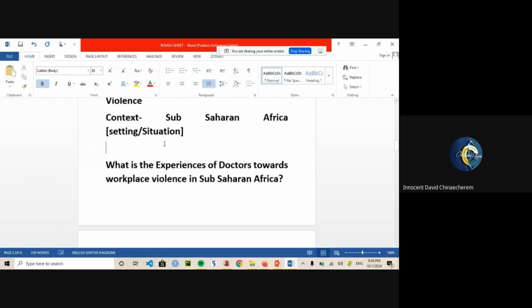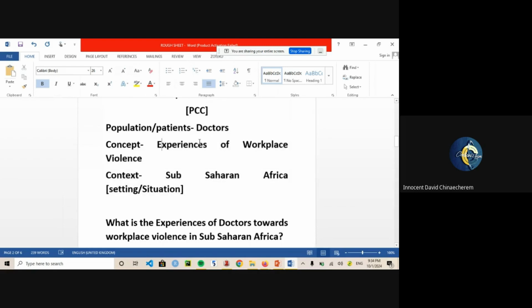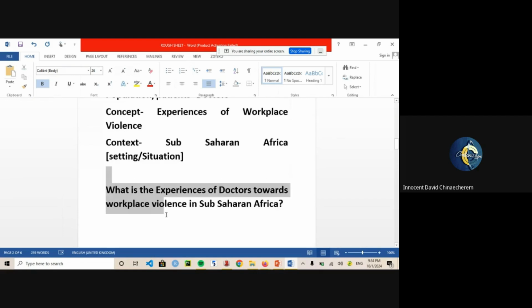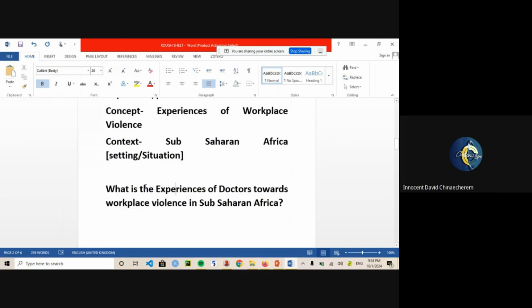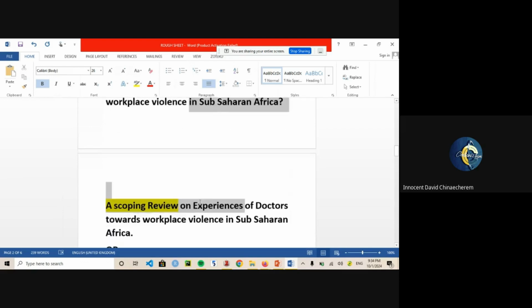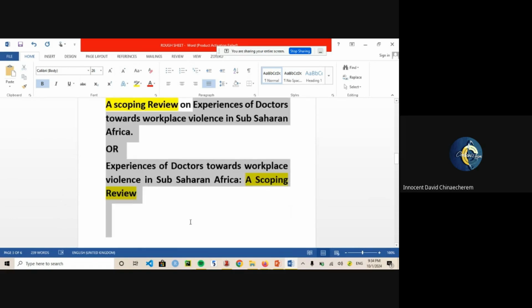Then our concept is experiences of workplace violence, and our context is what? Setting. We're looking at it from the setting point of view. So our question now becomes, what are the experiences of doctors towards workplace violence in sub-Saharan Africa, which makes our topic: scoping review on experiences of doctors towards workplace violence in sub-Saharan Africa.